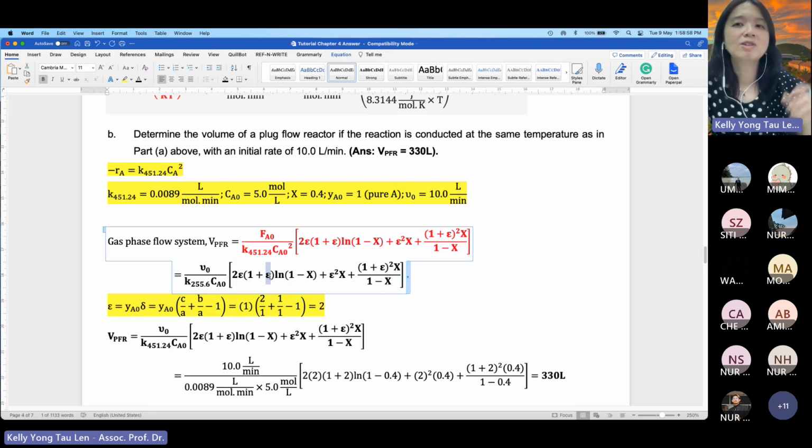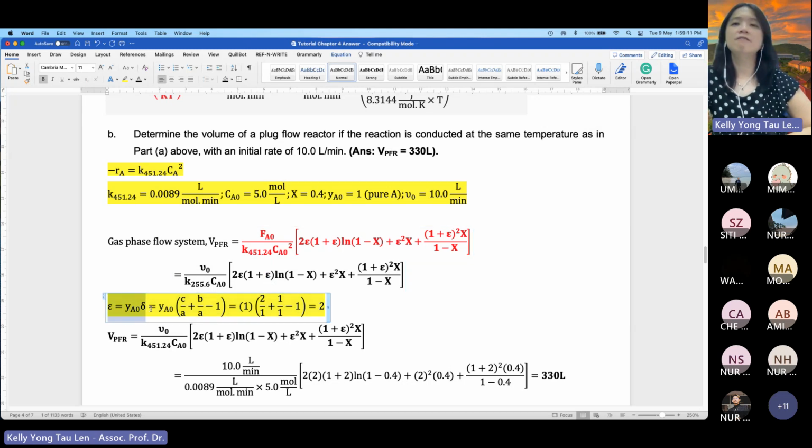So kamu pernah belajar dalam chapter 3, tapi kita tak praktis sangat. Now kita praktis. How to find epsilon? So to find epsilon, if you remember, the formula is given as YA0 sigma. Equation ni diberi. Epsilon sama dengan YA0 sigma tu, equation tu diberi. Okay. YA0 tu apa?